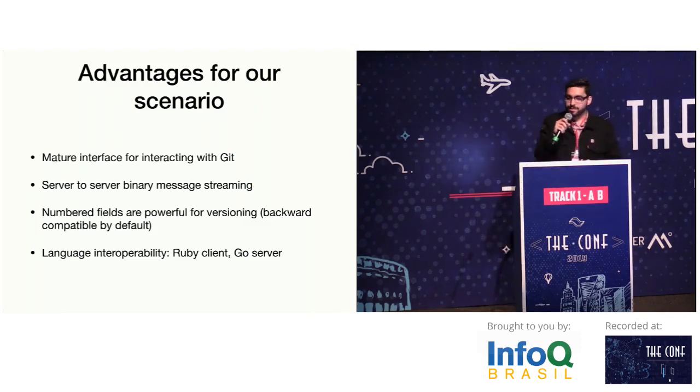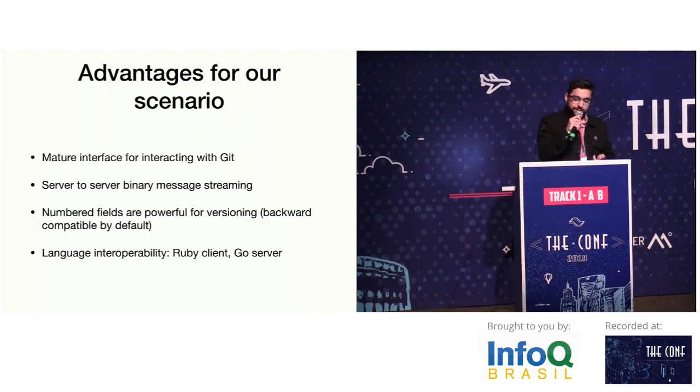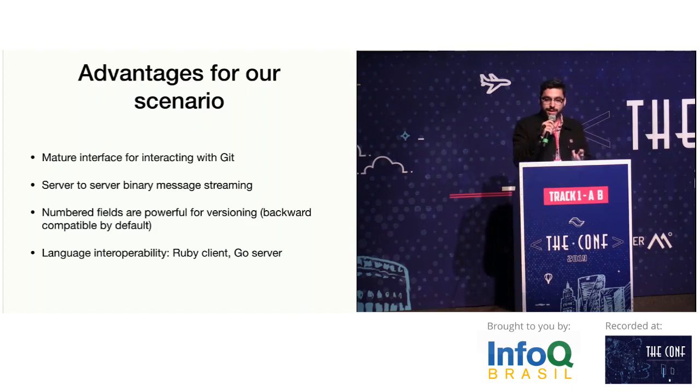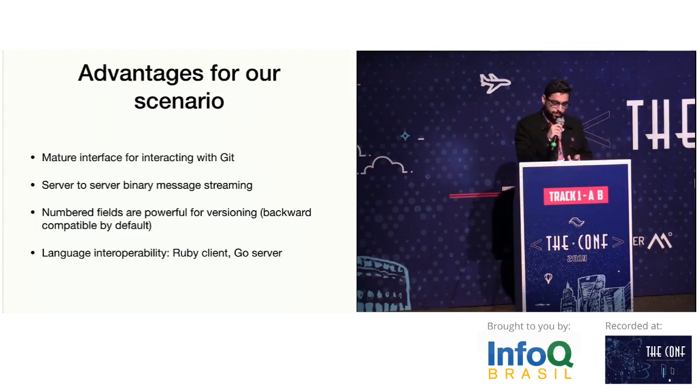We had a mature interface for interacting with Git. That means we could just port this over, and we would know already what exactly the server needs to be provided. So the arguments would be a little bit more clear for us at the time. So we have server-to-server binary message streaming. So yeah, it's different from text, normal HTTP. Great.